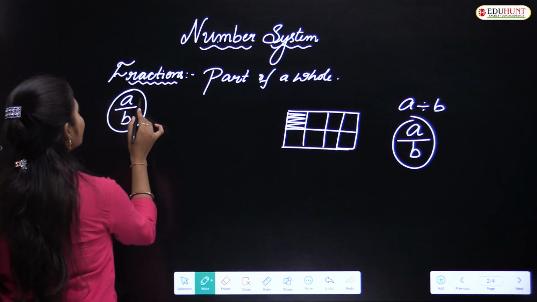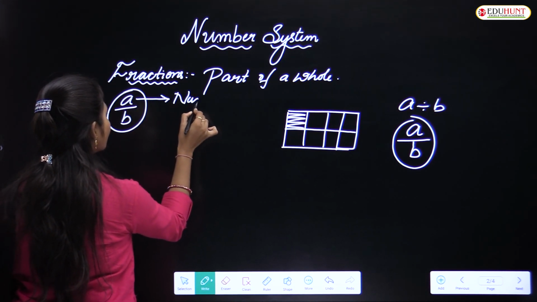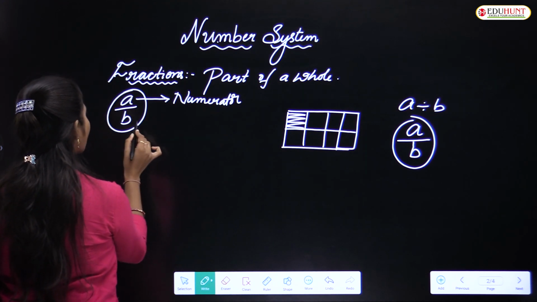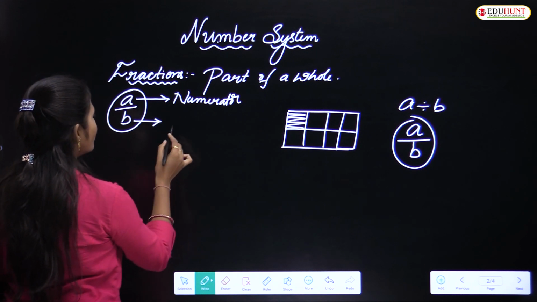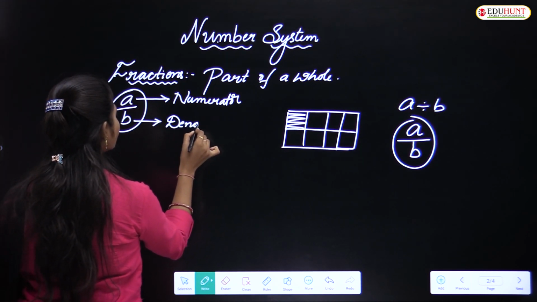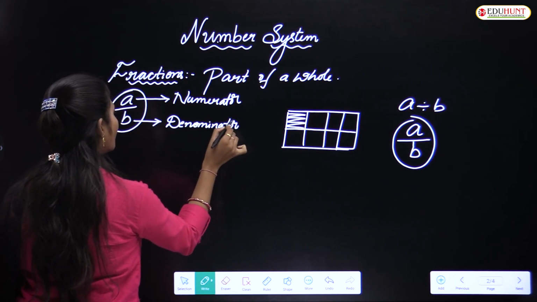In fractions, this top part we call the numerator, and this bottom part is known as the denominator.